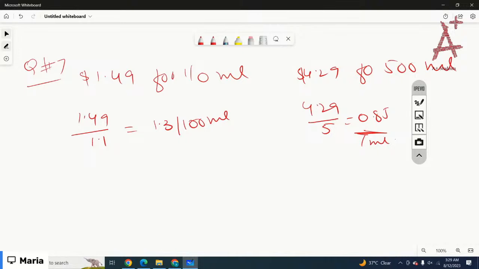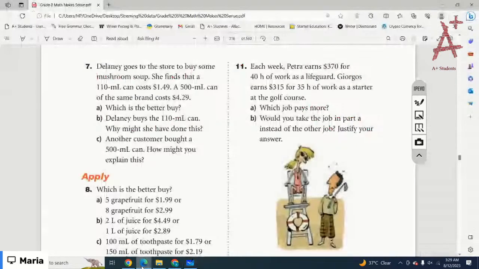Okay, let's just do this. Delaney buys the 110 ml can. Why might she have done this? Okay, so she bought the 110 ml can, but the 110 ml can is expensive, right?